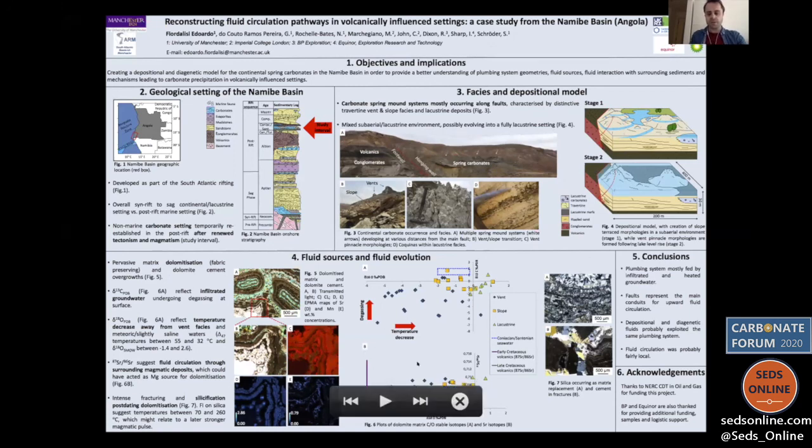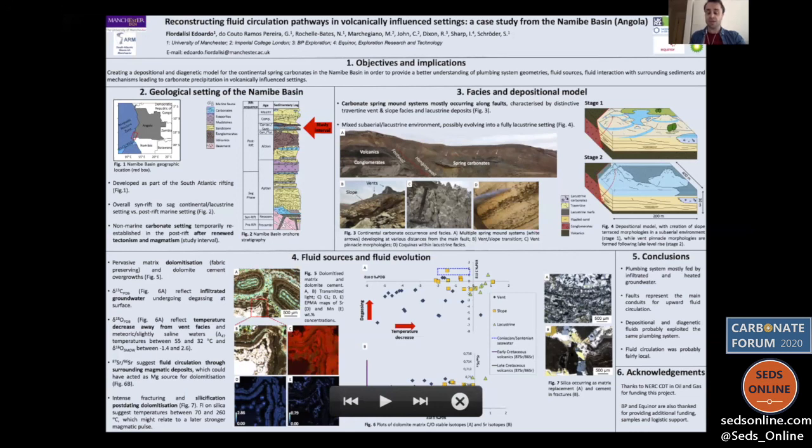Strontium isotopes also suggest that these fluids circulated through surrounding magmatic deposits, in this case the syn-rift volcanics, as they have compatible signatures. Finally, after the dolomite, we have a phase of intense fracturing of carbonate fabrics and precipitation of silica, with silica both occurring as matrix replacement and also cement sealing the fractures.